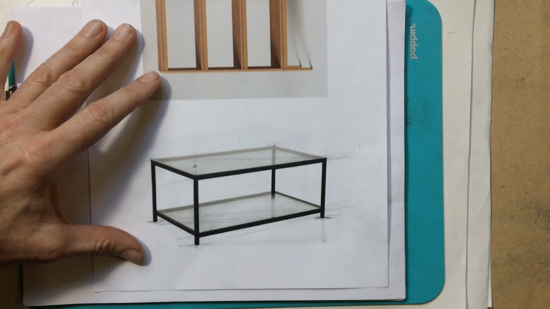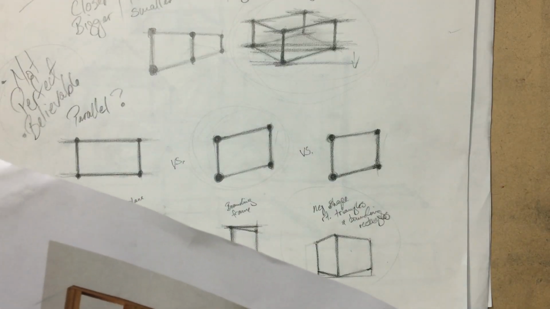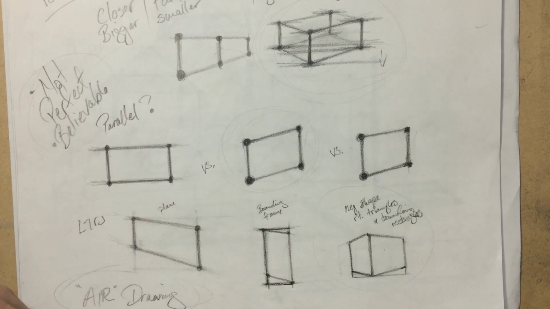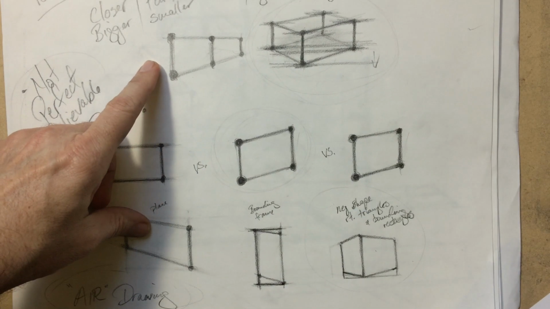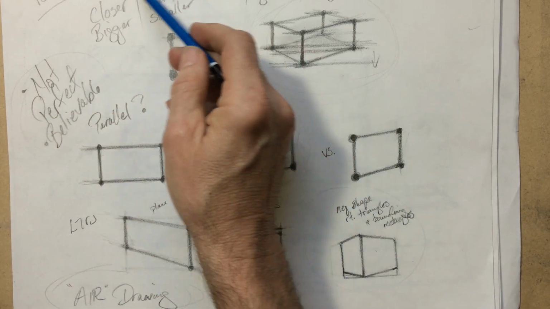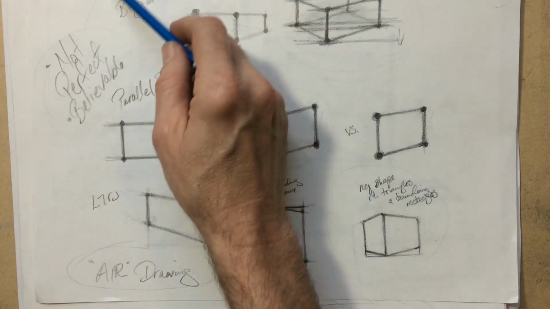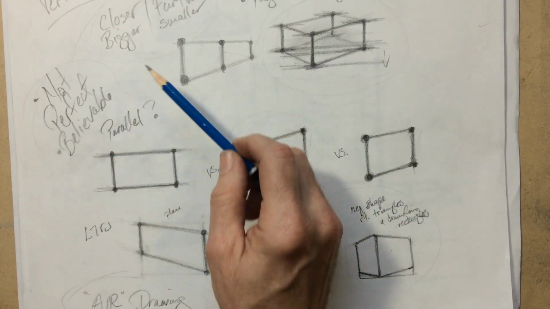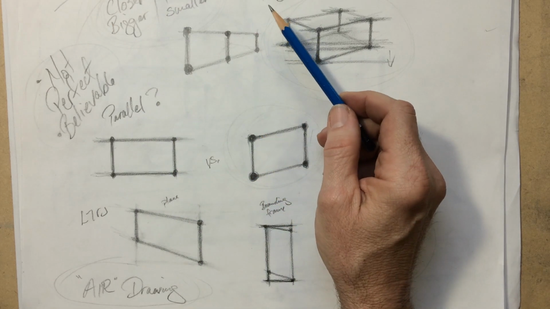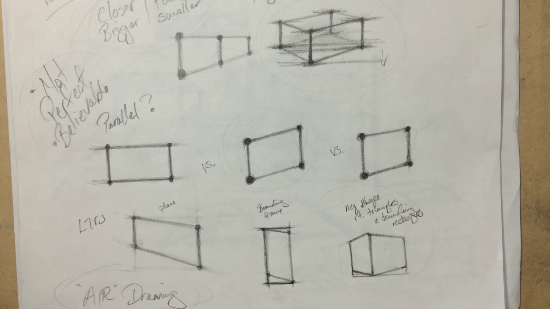But the first thing I'm going to do is make sure it's clear that, in general, when we're talking about perspective, things appear bigger when they are closer, and they appear smaller when they are further.